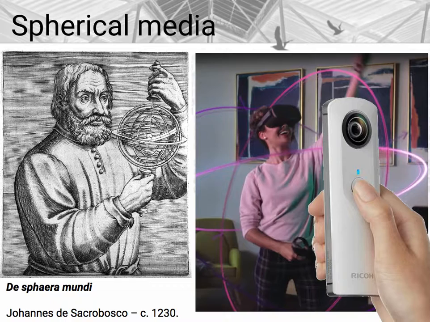But what we're going to cover is the purely digital version of spherical media, and this is related to virtual reality, but where virtual reality would be a completely computer-generated environment, spherical media places the user at a specific point within a sphere.